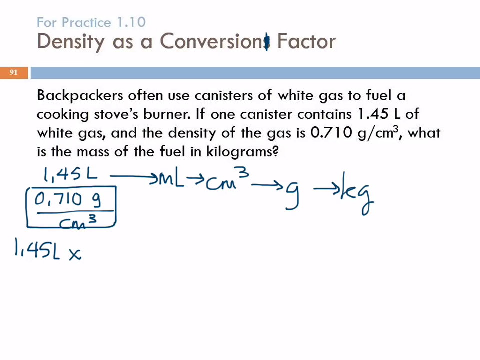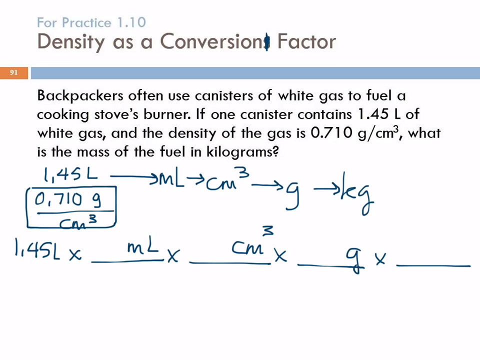1.45 liters. We've got 1, 2, 3, 4 factors. Liters to milliliters to cubic centimeters to grams to kilograms. There are multiple ways to get from this start to this end.